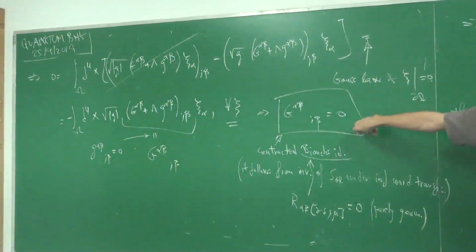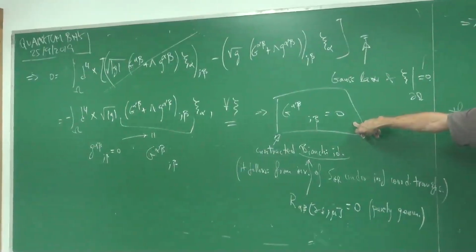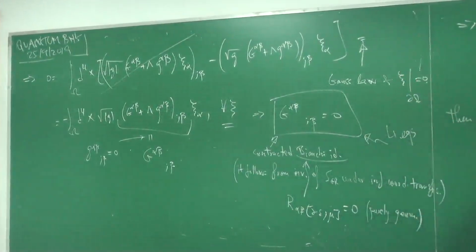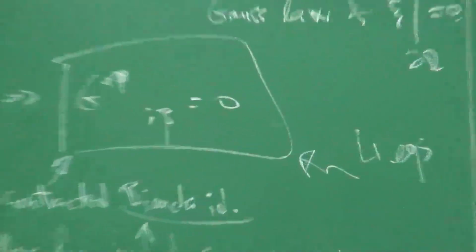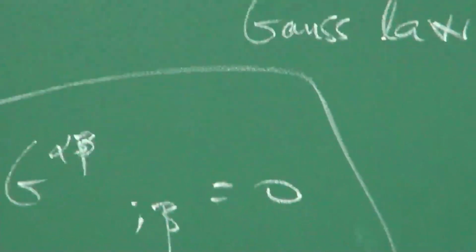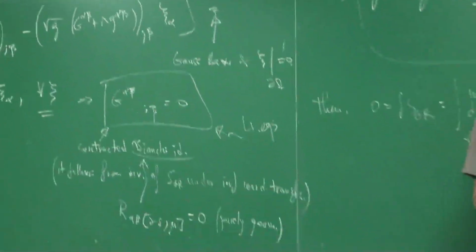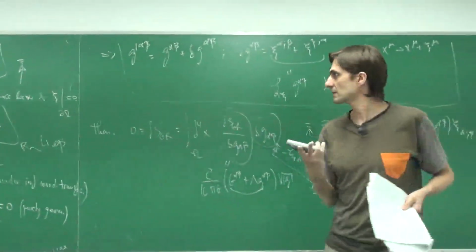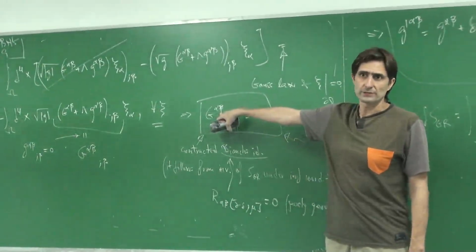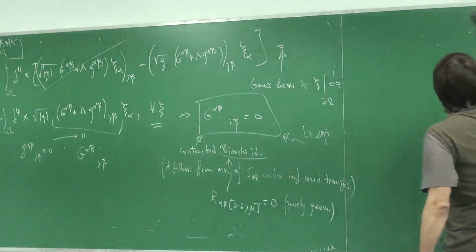How many equations have we got here? 4. Sorry, 4. 4 equations. How many independent equations have we got in the Einstein field equations? 10. Why 10? Because you have symmetric tensors. That's right. So if you didn't have symmetry, you would have two indices, alpha and beta, 4 times 4 is 16, but they are symmetric, and so you have just 10 independent ones.